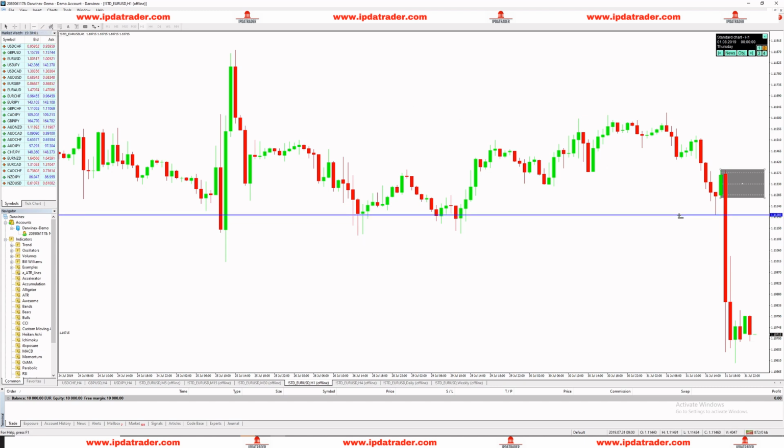We have a level over here, right, that you could say this is a level. We have this unmitigated low. This is part of the breaker on the lower time frame. So instead of using a line, we're going to add a rectangle and draw it out as such, right? So we have these two areas of interest for me.